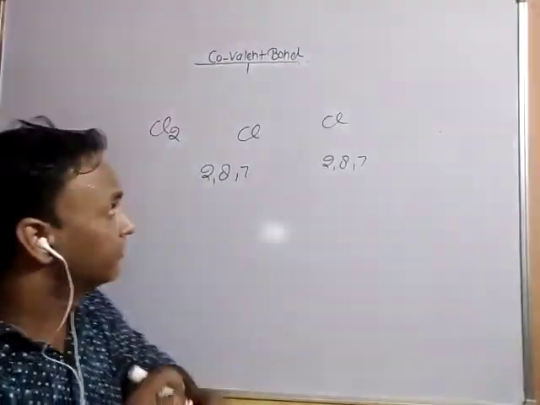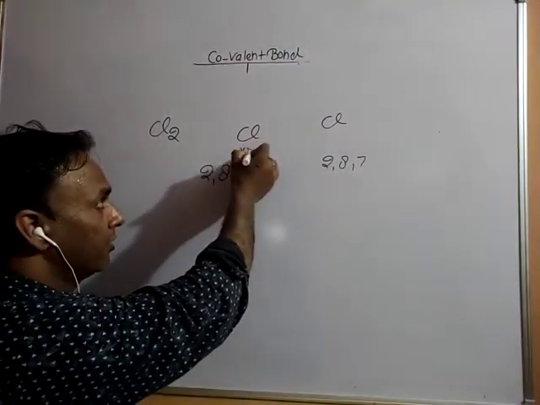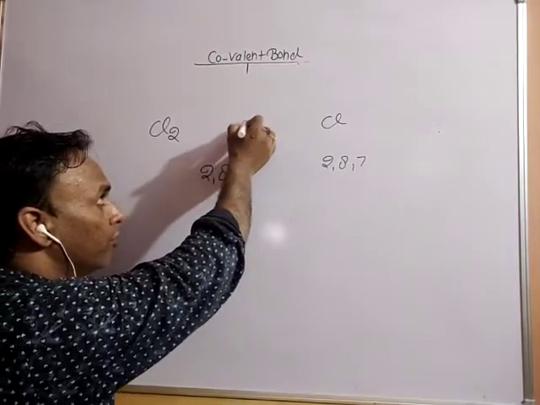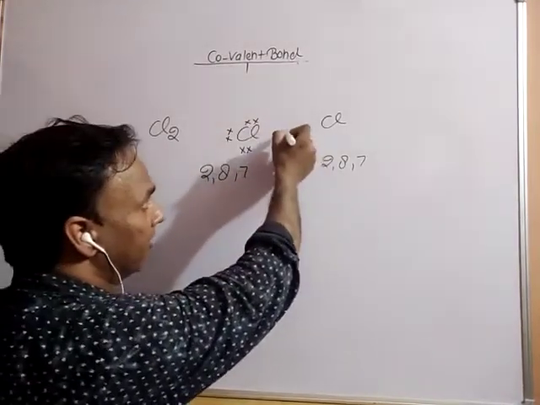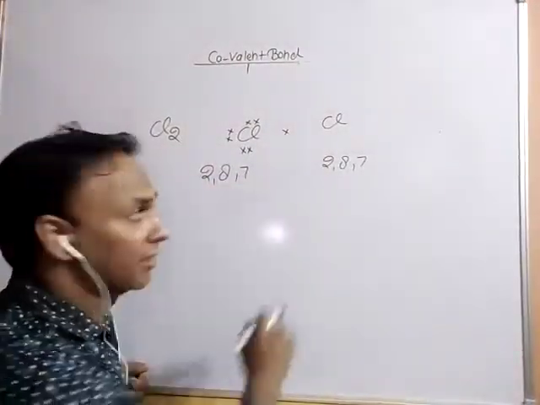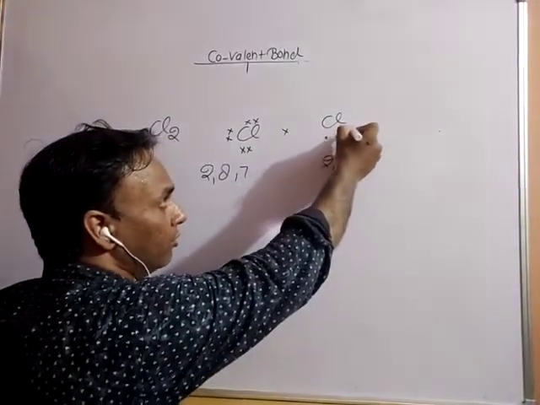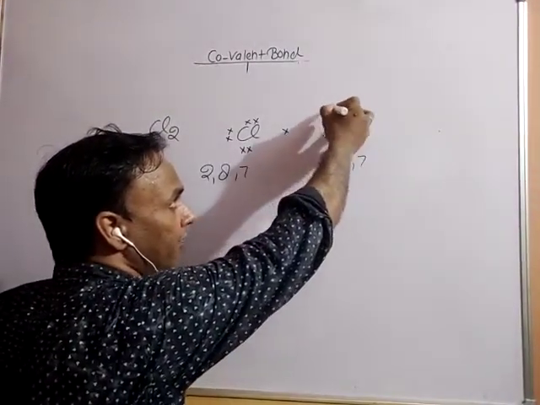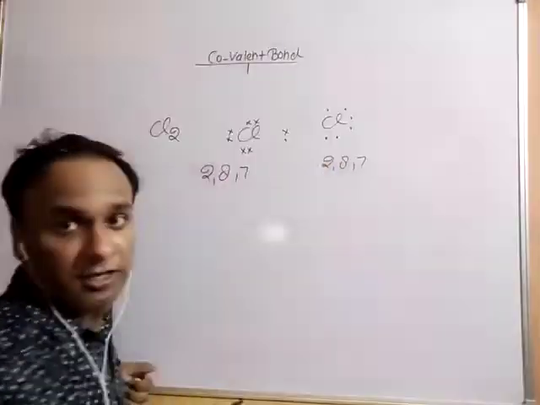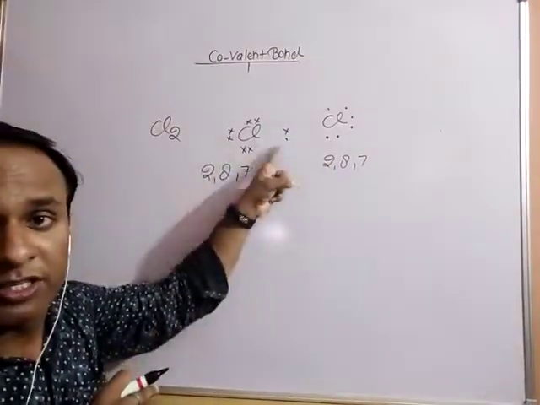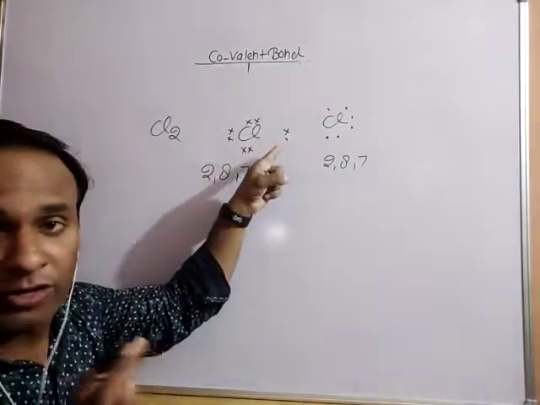Here, 1 2 3 4 5 6 and 7 means 1 electron from each chlorine is shared.